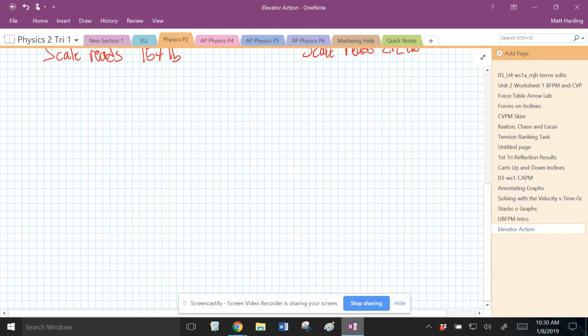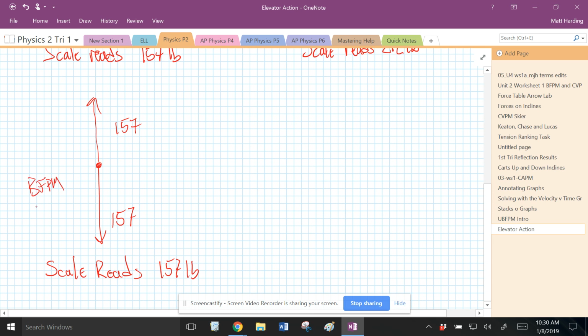So here when the scale reads 157 pounds, you got 157 down, you got 157 up. It's BFPM because it's CVPM. Okay. If I add those two arrows, it's going to end up back at the beginning. FU is 0 there.